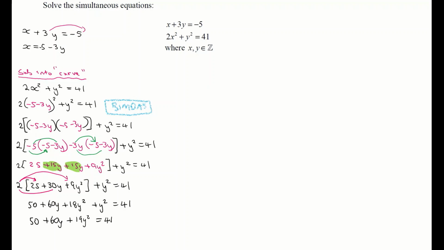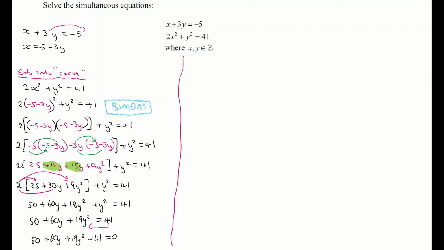I'm now going to move over that 41 to the left hand side, or subtract 41 from both sides, in other words. So that's giving me 50 plus 60y plus 19y squared minus 41. And now I have nothing on the right hand side of the equals, so it is equal to 0. And I'm now going to group the 50 with the minus 41.